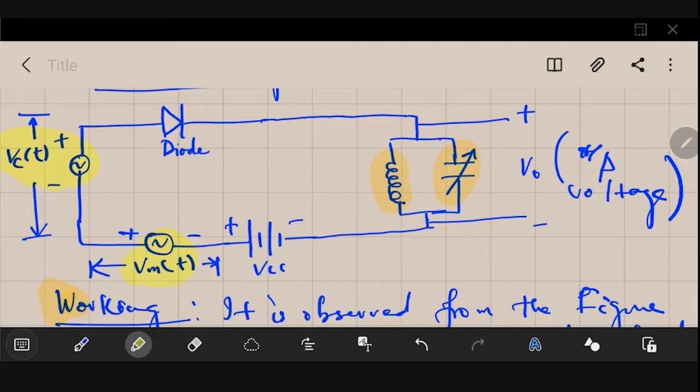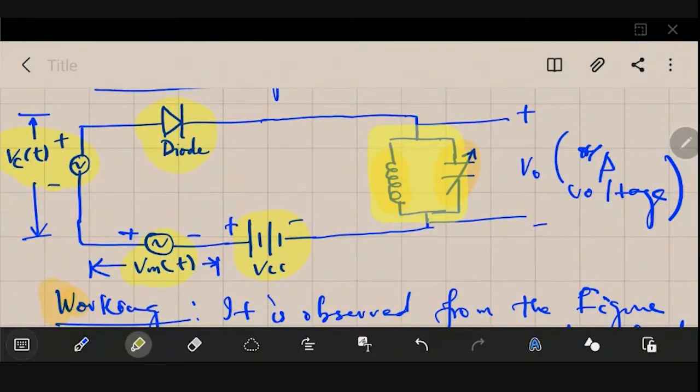However, you have to make the diode work in the low voltage region, and in order to make it work in the low voltage region at a particular operating point, this battery VCC is there in this circuit. Once the diode has multiplied the signals and generated the different frequency components, we have this tuned circuit.